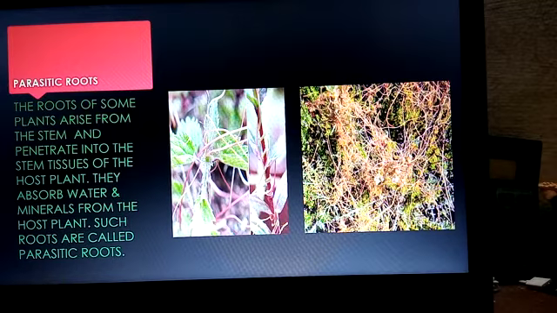After penetrating, they absorb water and minerals from the host plant, and such roots are called parasitic roots.